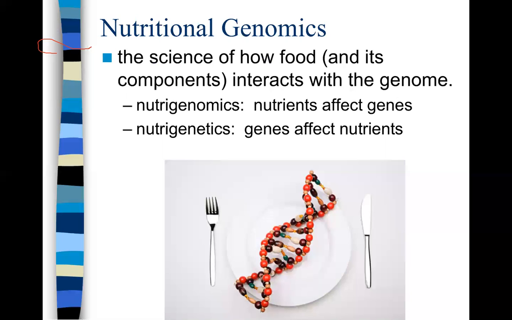And this is a really evolving area of research. We're learning more and more about this every day, especially with the accessibility of our human genome now. It's possible to get a breakdown of your human genome relatively inexpensively, where this used to cost thousands and thousands of dollars.